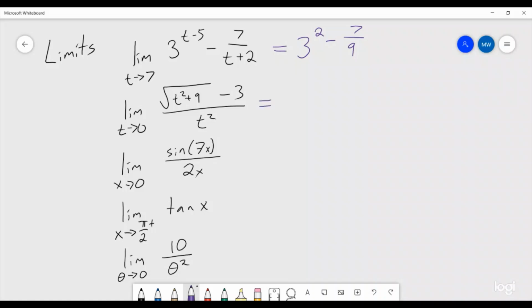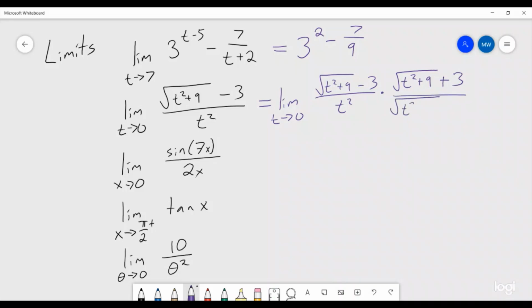This next one, though, is a 0 over 0, so we could use L'Hopital's rule, but if we're told we can't use L'Hopital's rule, we have to do this a different way. The way we're going to do that is multiply the top and bottom by the conjugate of the top, meaning we leave the top the same, the square root of t squared plus 9 minus 3, leave the bottom the same, but then multiply the top and bottom by the exact same thing that we had on the top, except we change the negative sign to a plus.